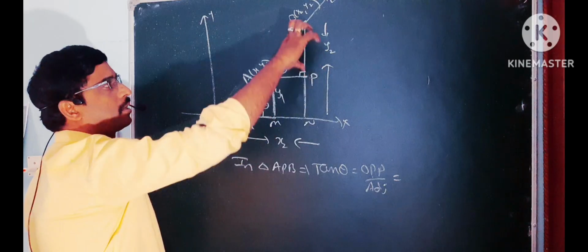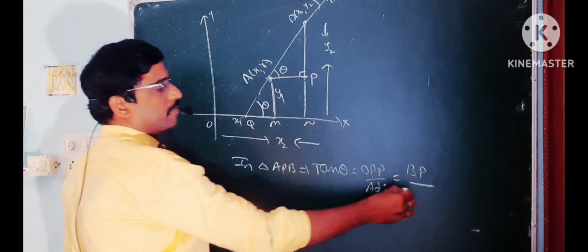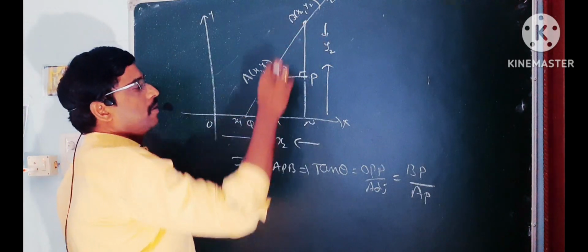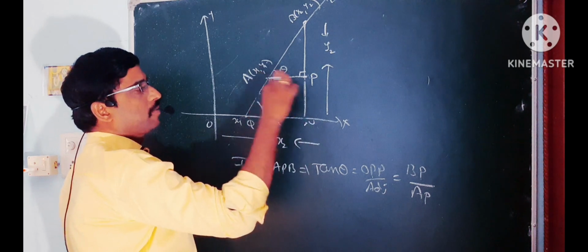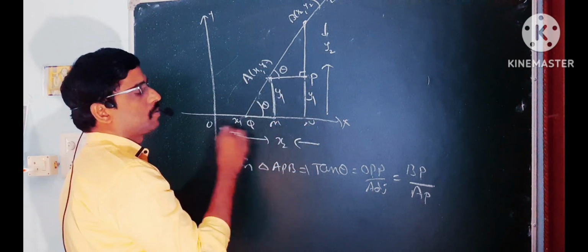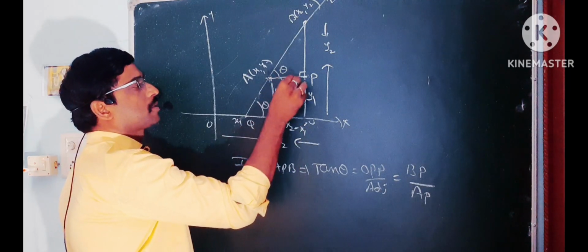What is the opposite side here? BP. Adjacent side is AP. BP is nothing but total BN minus PN, and PN is y1. This is MN, and MN length is total length x2 minus x1. This length is x2 minus x1.